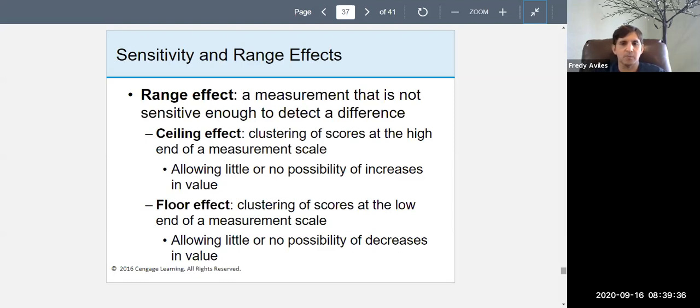Hardly anybody knew anything. That would be a floor effect. If there's not enough variation, it's hard to run statistical analyses. If all the scores are really high, that's a ceiling effect. If all the scores are really low, that's a floor effect. And that can happen.